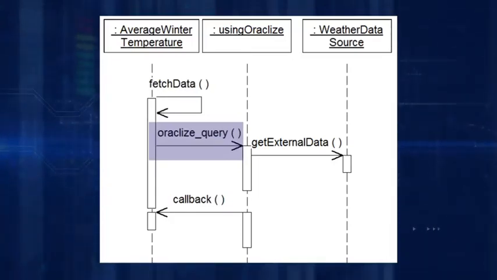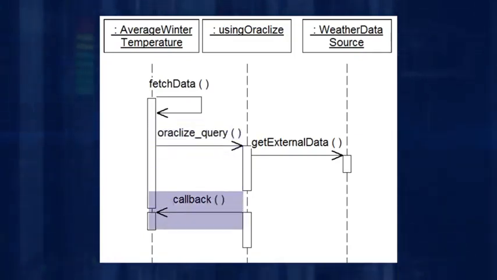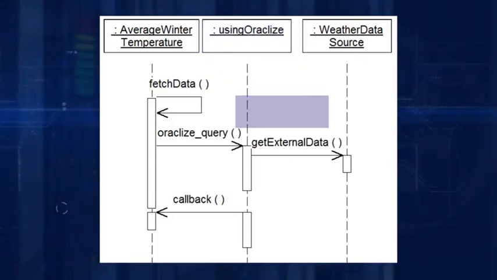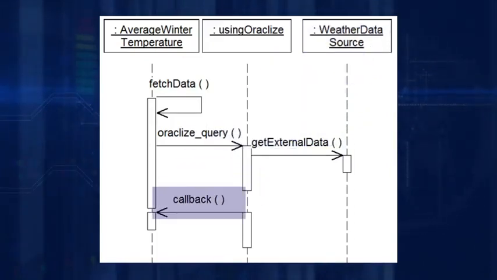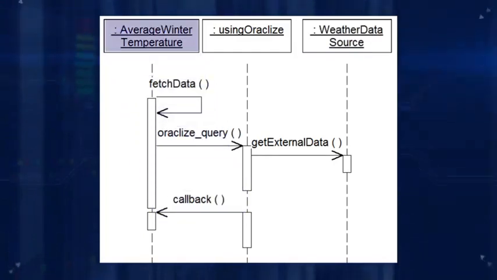Since it may take time to fetch the data, a callback function is provided so that it can be invoked when the required data has been fetched. usingOraclize accesses the external data source, authenticates, and sends the data with a proof to the originating smart contract, in this case, AverageWinterTemperature.